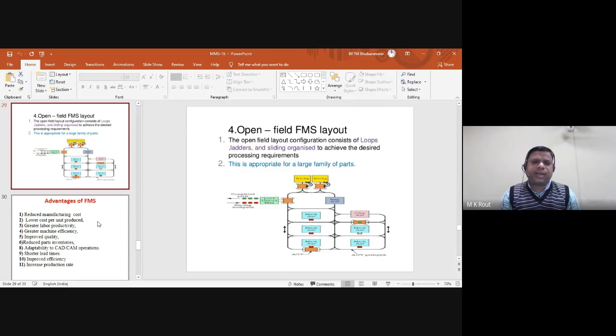They can use different kinds of layouts, starting from the closed loop layout, ladder layout, and sidings organized to achieve the desired processing requirement in a speedy and faster manner. So these are the different models: closed loop layout, ladder layout, progressive layout, and open field layout. These are vastly used as flexible manufacturing system layout models.